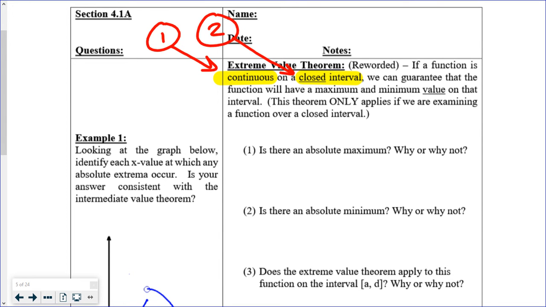A function must, 1, be continuous, and 2, you must be looking at a closed interval. If you are looking at a function that is continuous on a closed interval, you can guarantee there is both an absolute maximum and an absolute minimum in that interval.